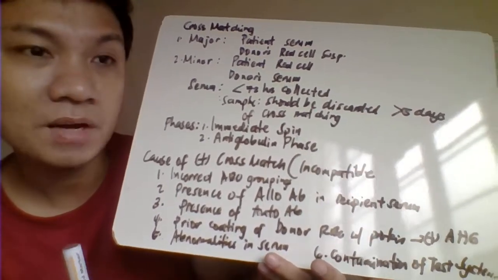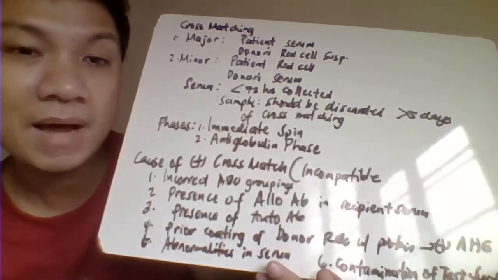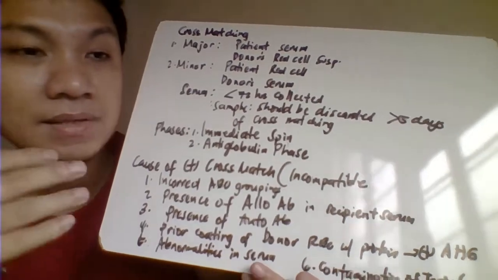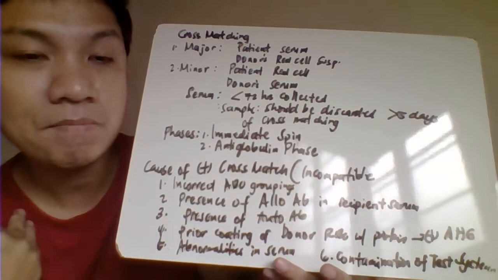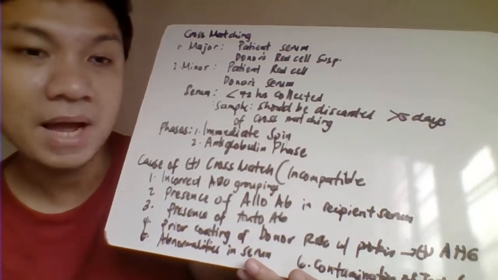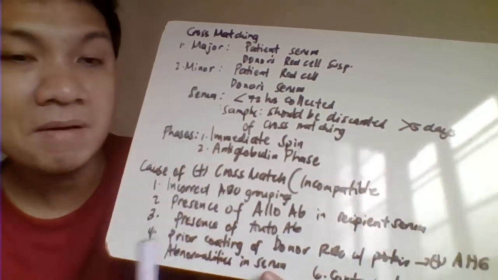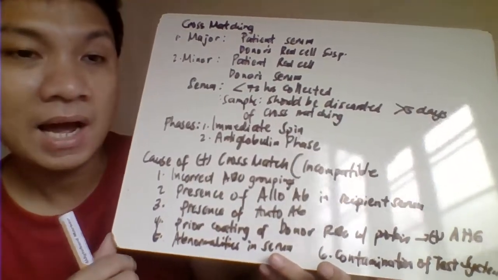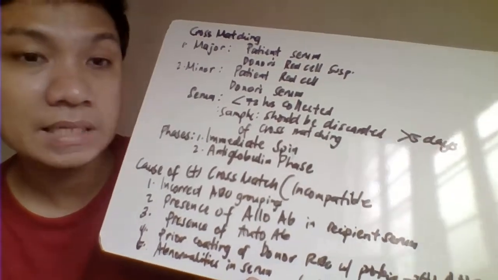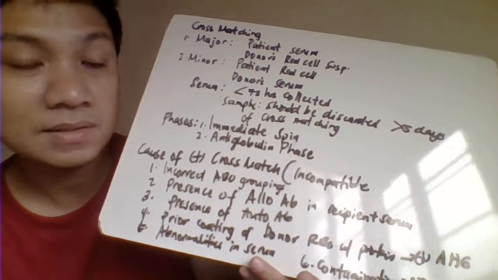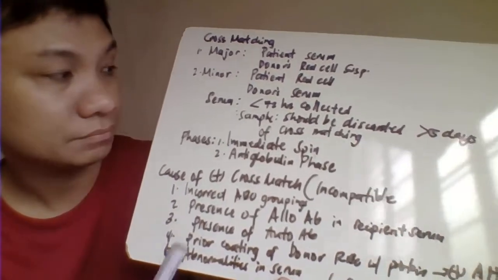So always check whose antibody it is. Whoever the serum sample is from, you should check that there is no antibody directed towards the red cell antigen, which could be either the donor or the recipient. If major, you check the recipient's antibody. It should have no antibody directed towards the red cell antigen of the donor's blood. If minor, you check the donor's antibody. It should have no antibody directed towards the recipient's red cell, for you to determine the compatibility, compatible or not, from the test result.